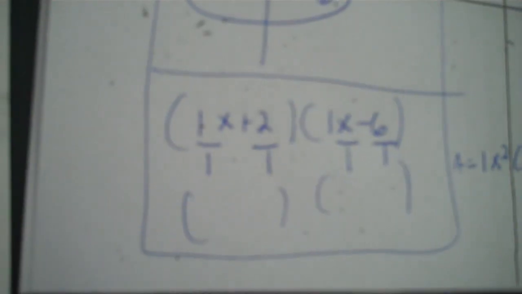So 1. 1 and 6, row 1. Okay, so divide, it's going to be 1x plus 2 and 1x minus 6. They just stay the same because you're dividing by 1. So this ABC has turned into 1x plus 2 times 1x minus 6. You bring those parentheses over.